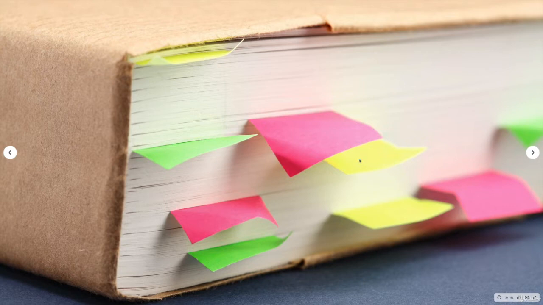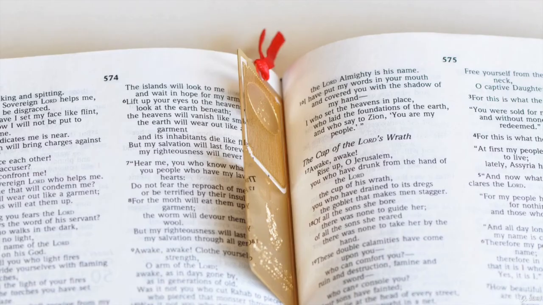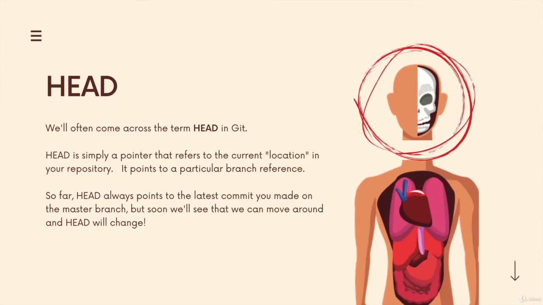At any given point in time, only one of those spots can be open, right? We can't have the book open to multiple pages. So only one is active, only one is being read or being viewed. It's actually open to that bookmark. So that is what HEAD refers to. HEAD is our current location that we are viewing, or that we are checking out, is a common term you'll hear.